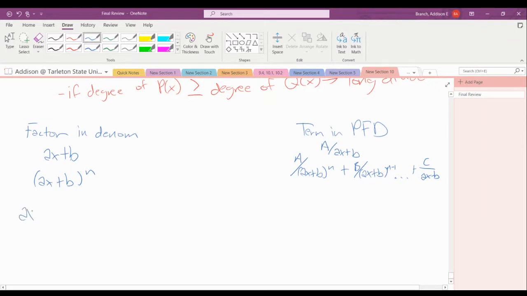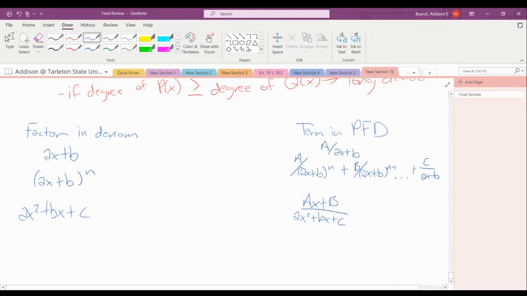And then lastly, they could give you an unfactorable quadratic, and that would look like ax plus b over ax squared plus bx plus c.